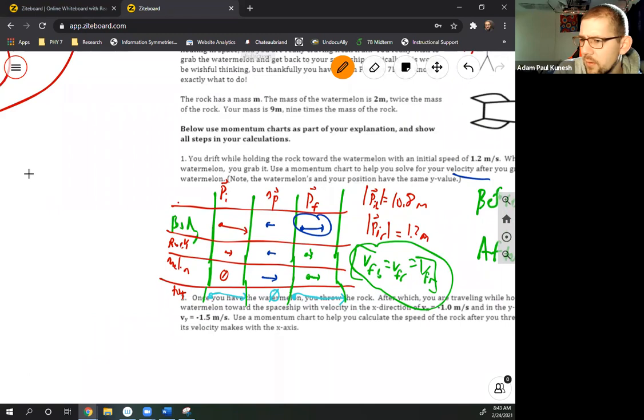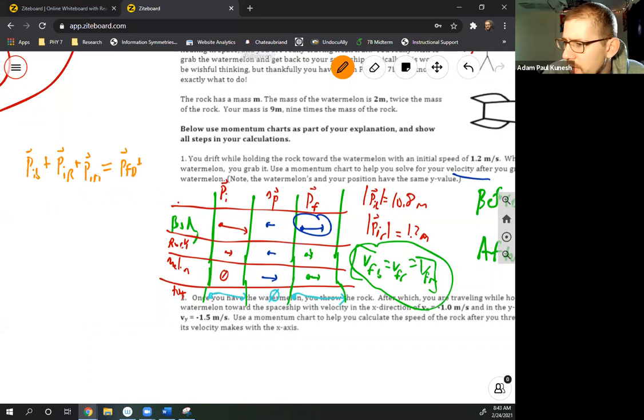I have P initial of the body plus P initial of the rock plus P initial of the melon equals P final of the body plus P final of the rock plus P final of the watermelon.